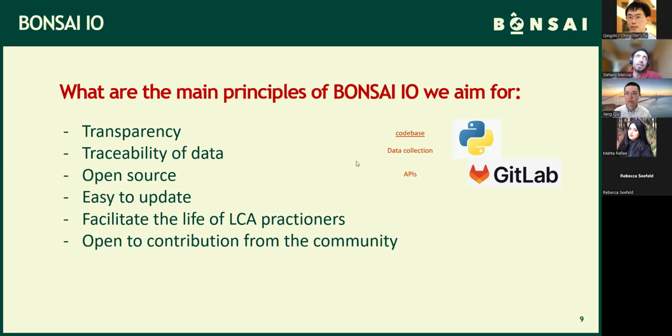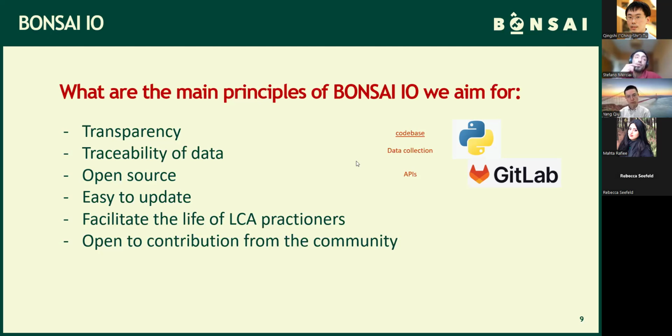I will show you later how we plan to do this. Equally important is traceability of data, because for us it's important to show what the starting point is, what the raw data are that have been used, and how this data is transformed until we get the final results.